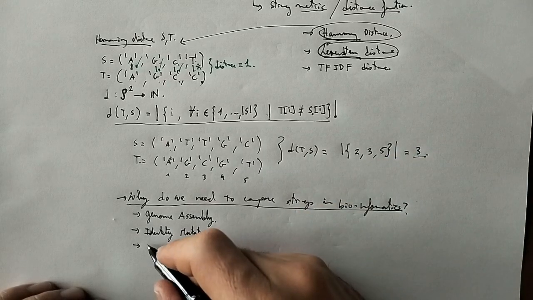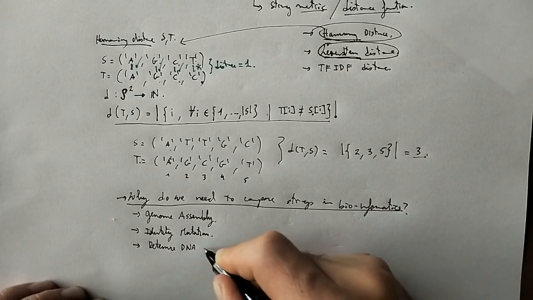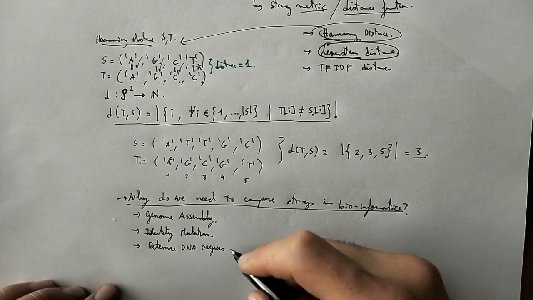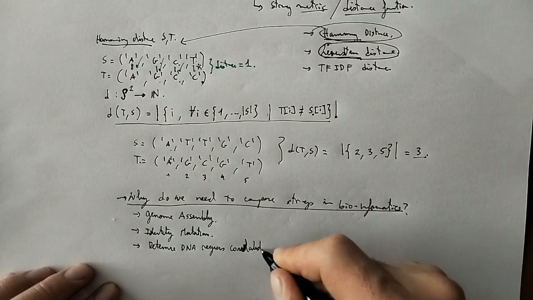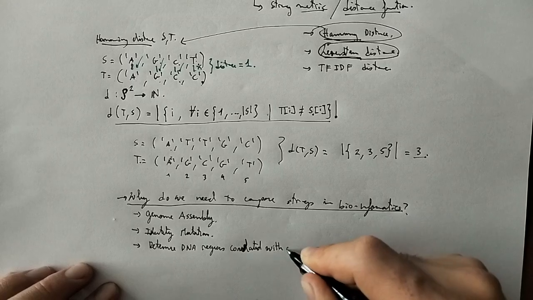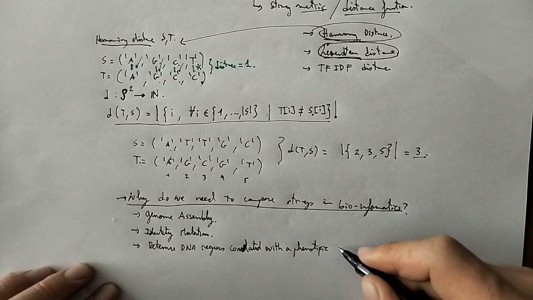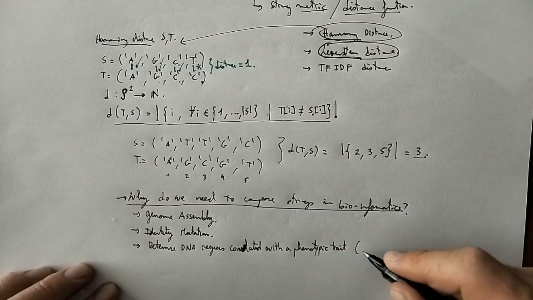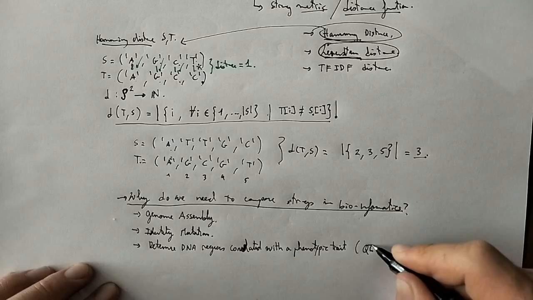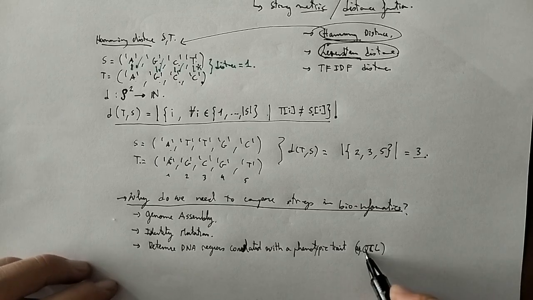We can also try to determine DNA regions correlated with a phenotypic trait. That is called, for example, QTL. This is an example for quantitative trait locus.